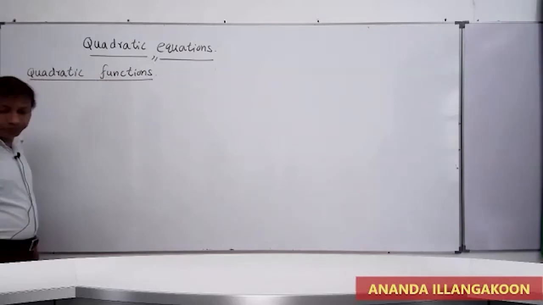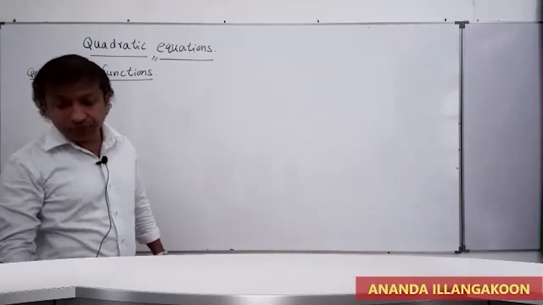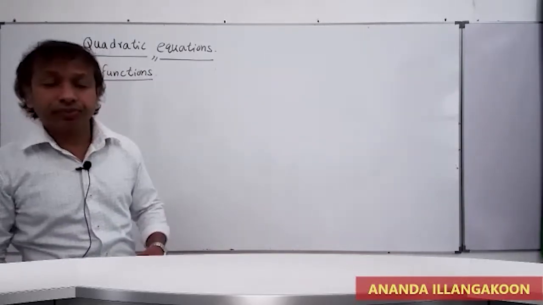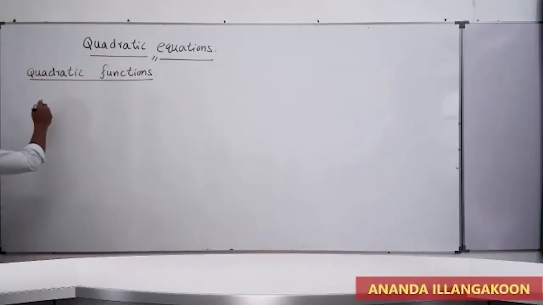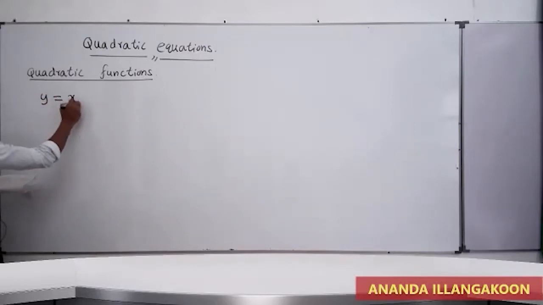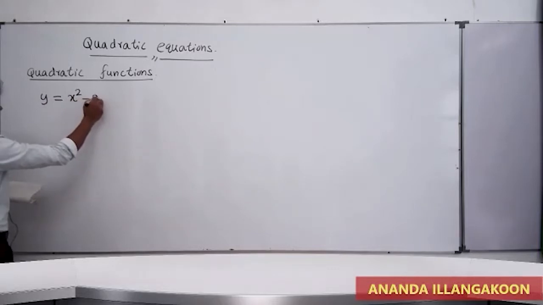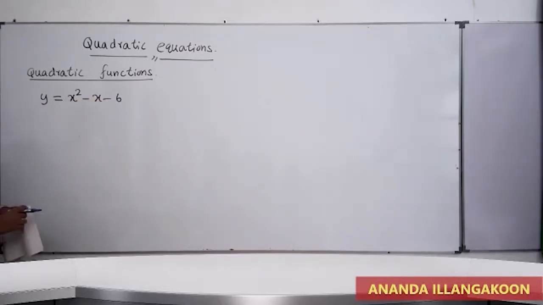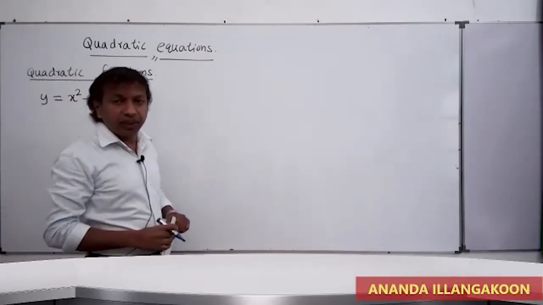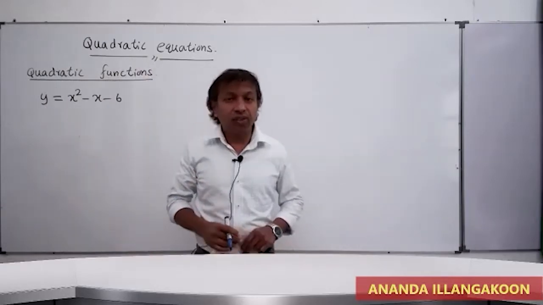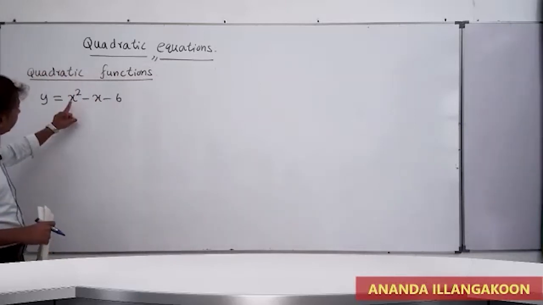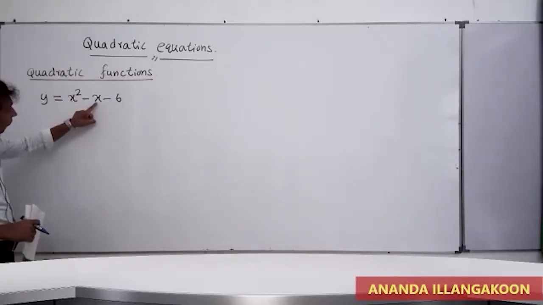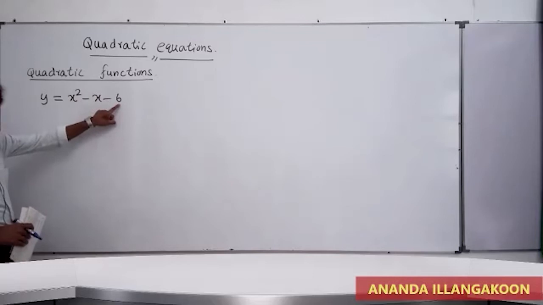People, now I'm going to consider one quadratic function. The quadratic function is this: y equals x squared minus x minus 6. This is known as a quadratic function. Its right hand side has an x squared term, an x to the power 1 term and a constant.